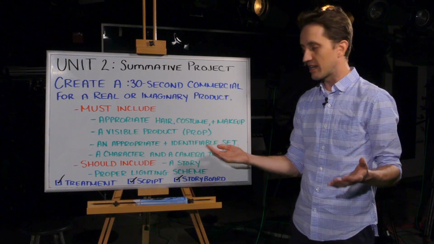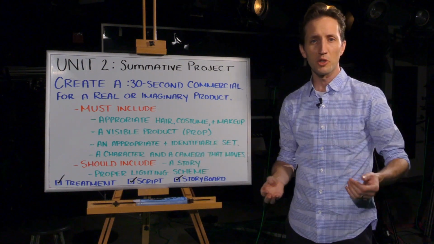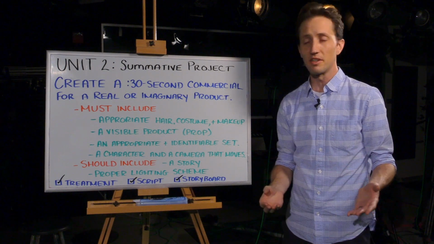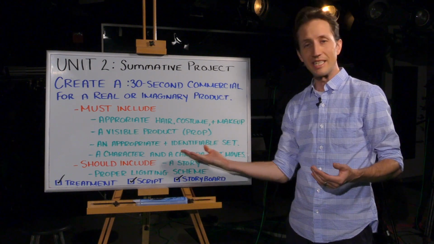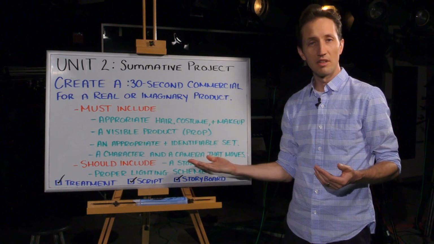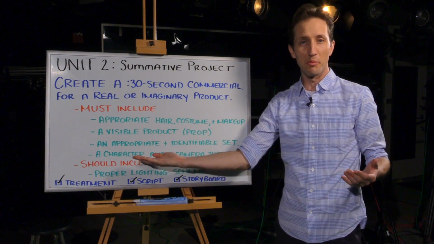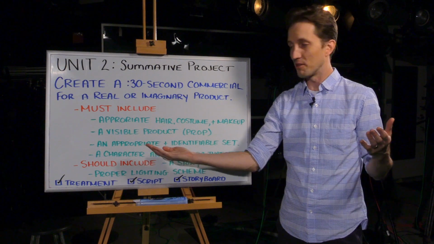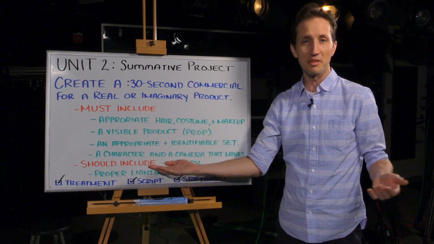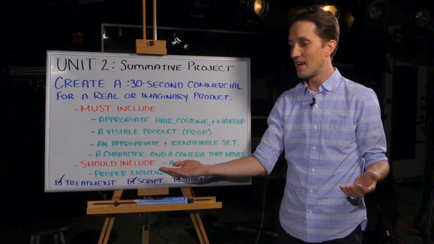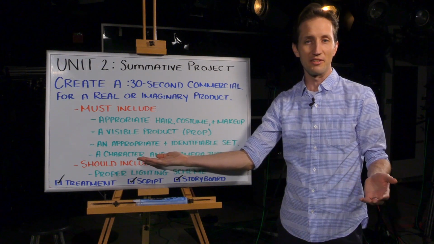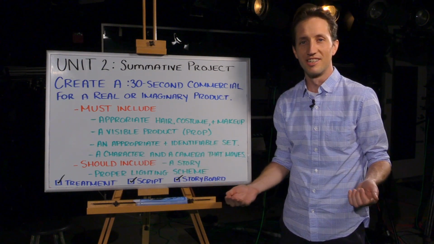An appropriate and identifiable set. If your commercial is for breakfast cereal, then I should be able to identify the kitchen table as being a kitchen table, right? Also appropriate in the sense that, where do people eat cereal? Well, they typically eat cereal at a kitchen table. I don't want to see them eating cereal in their garage.